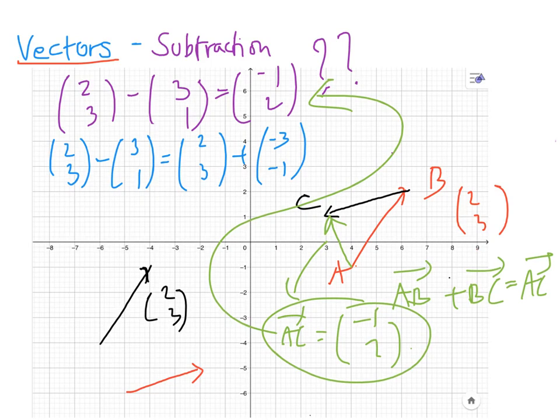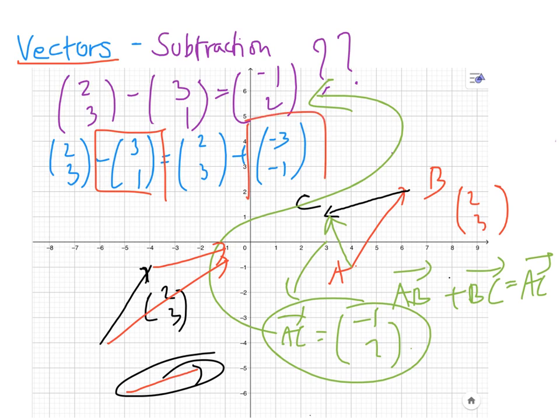If I move the (3, 1) vector and put it here, this is the result. So that's kind of weird, right? That's the reason why this negative thing matters a lot.